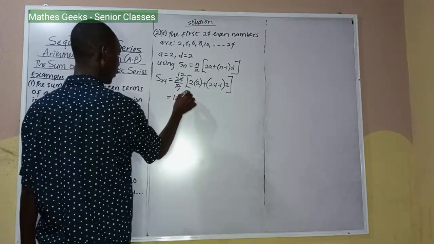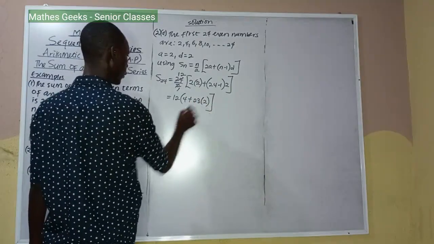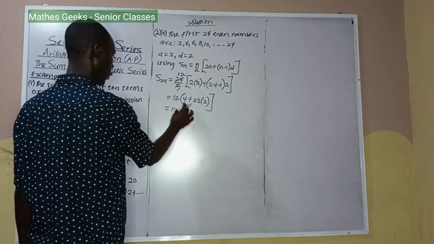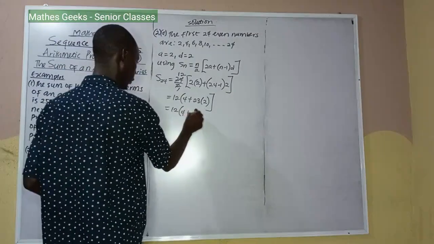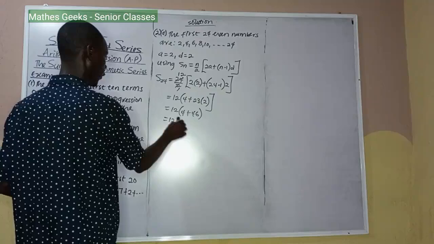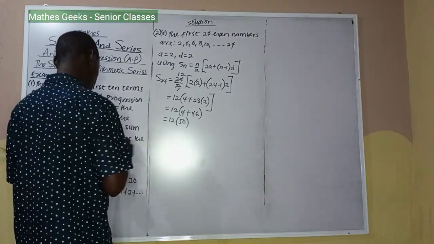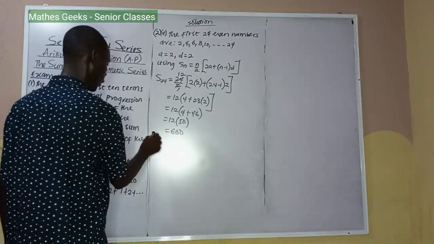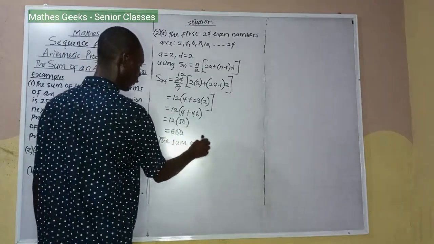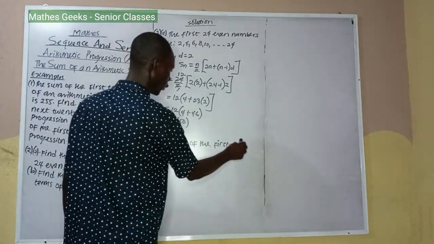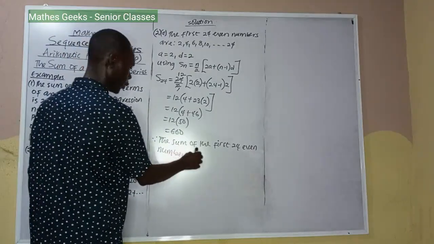And so that will give us 12 times (2 times 2, 4, plus 23 times 2, 46). 46 plus 4 is 50. 12 times 50 is 600. Therefore, the sum of the first 24 even numbers is 600.